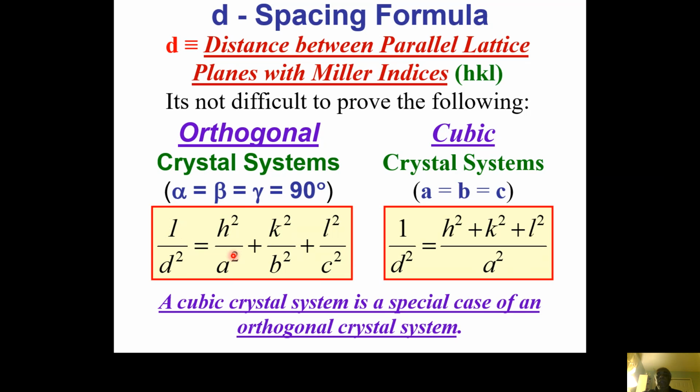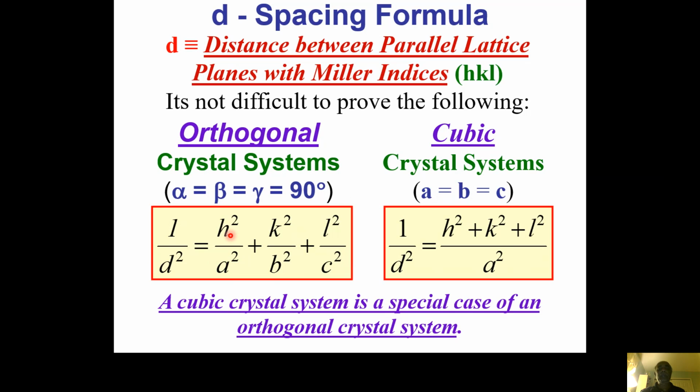1 over d squared is given by this h squared. So this is a plane for HKL indices. This is for an orthorhombic structure, right? So your a, b, c are all non-equal, but all the angles are 90 degrees. For simple cubic, all these a, b, c are equal, so they all become just a.